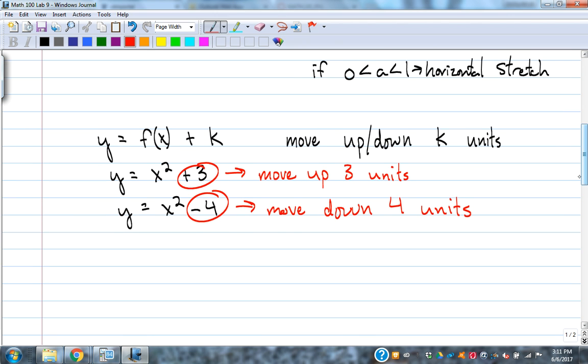Now, if it happens directly to the x on the inside, y equals f of x plus k, then we're going to move left or right k units.